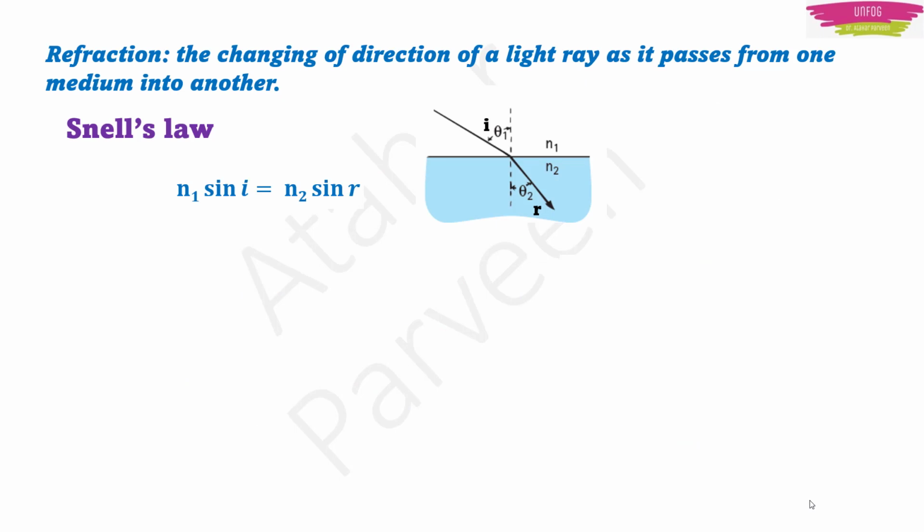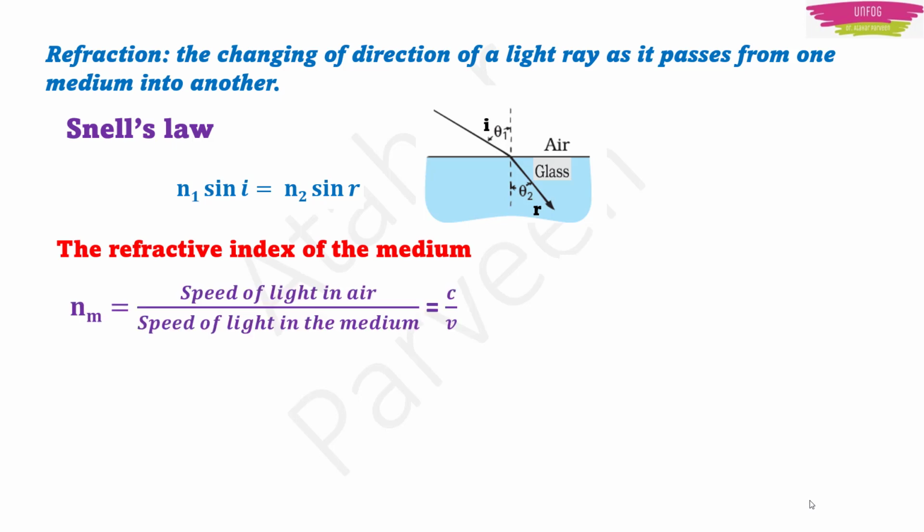Now if the two mediums, air and glass for example, have two different refractive indices, then for air it could be n1 and for glass it could be n2. Then instead of writing sin i by sin r is equal to n, I can also write n1 sin i is equal to n2 sin r. Also, the refractive index of a medium depends on the speed of light in the medium and the speed of light in air.